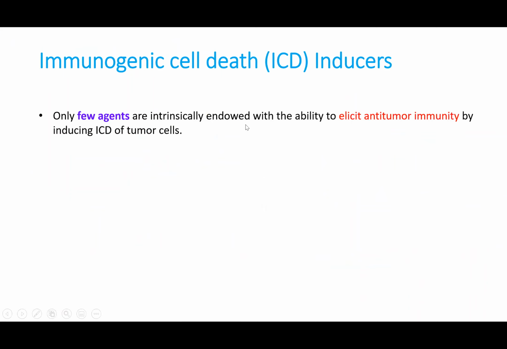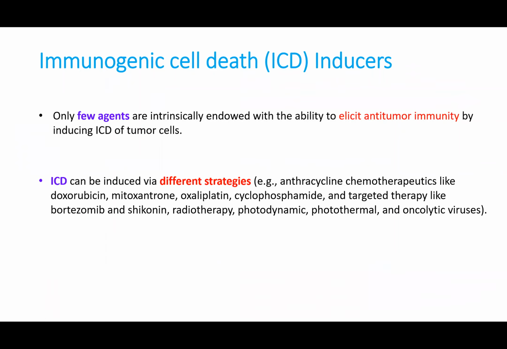Only a few agents have the ability to elicit anti-tumor immunity by inducing immunogenic cell death of tumor cells. Different strategies can be used for induction of immunogenic cell death: some anthracycline chemotherapeutics like doxorubicin and mitoxantrone, oxaliplatin, some targeted therapeutic molecules like bortezomib, also radiotherapy, photodynamic therapy, photothermal therapy, and oncolytic viruses.